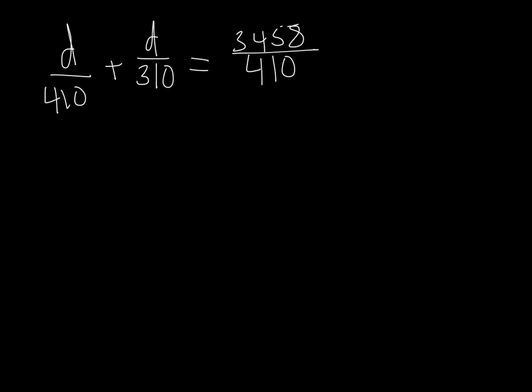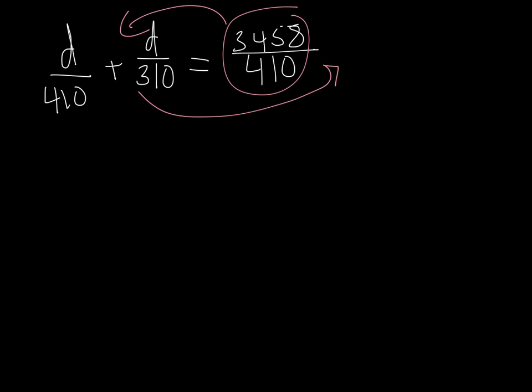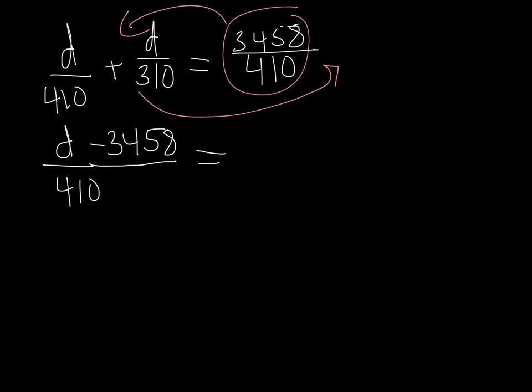The way I set this up, and you can do it however you want, was I just swapped things around. I moved this over here and this to this side, just because the denominators were there and it made it a little easier to work with. So I'm going to say d over 410. Because those denominators are the same, I can write that. And over here I have a negative because I moved it.